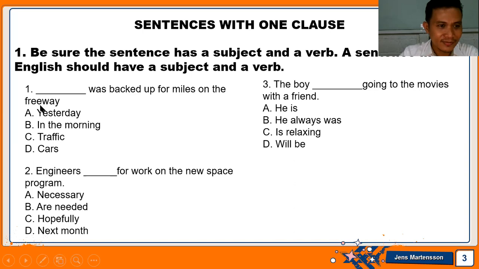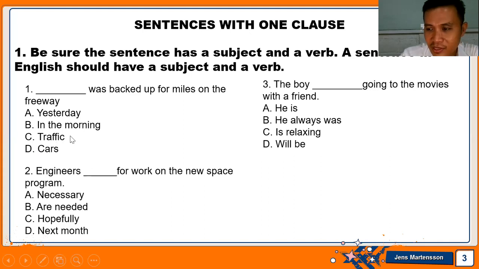Anyone? D, sir. Cars. Who said D? Khairul Amri said D. What are the other students' answers? Another student said E. If D, cars, then the verb should be "were" because it's more than one. Echa, what's your answer?